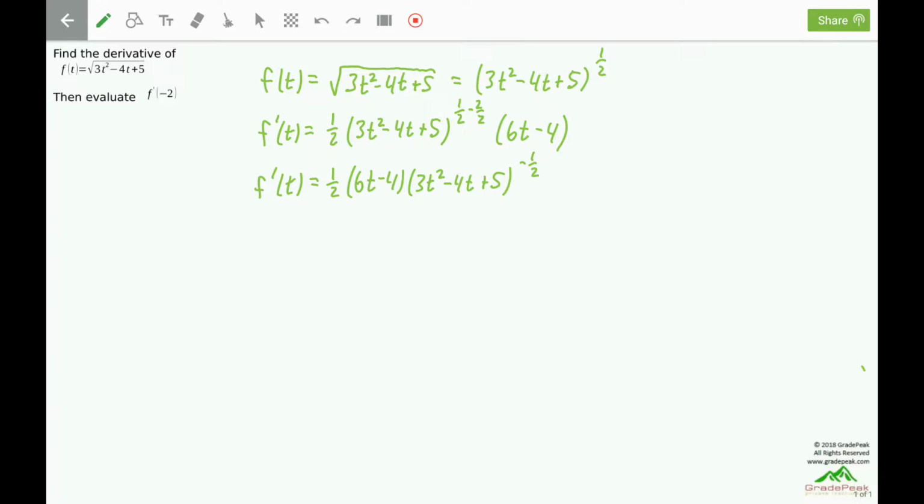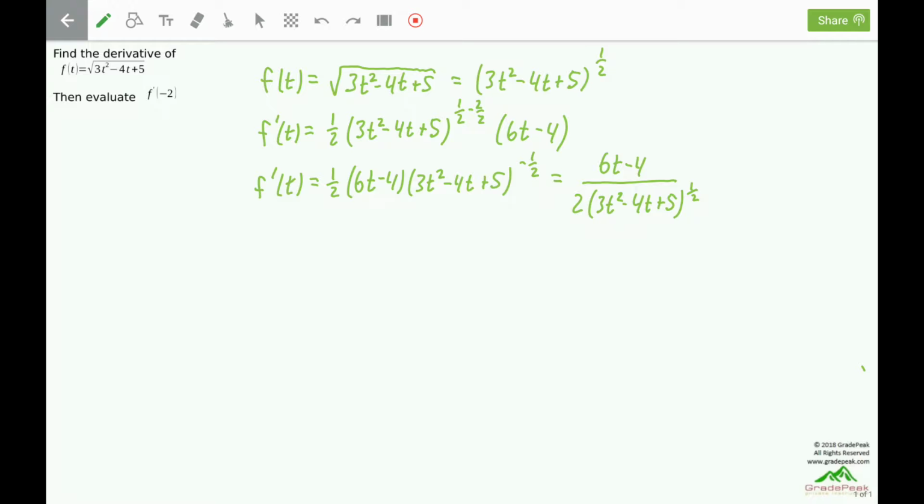Now, the negative exponent means it can move to the denominator and have a positive exponent. And that means it'll move down with the 2 that's already in the denominator. The 6t minus 4 will stay in the numerator. There's a 2 in the denominator from the 1/2. And then we will have the 3t squared minus 4t plus 5 to the positive 1/2.